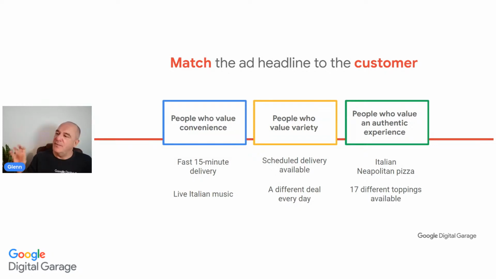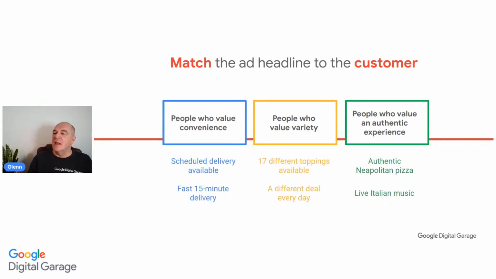So again, we've got the blue, the yellow, and the green. The next slide is going to have the answers to those examples. So I'll just give you a few seconds just to try and match up in your own mind which of those offers, which of those benefits are going to match up with the people in the blue, the yellow, and the green. And here they are.